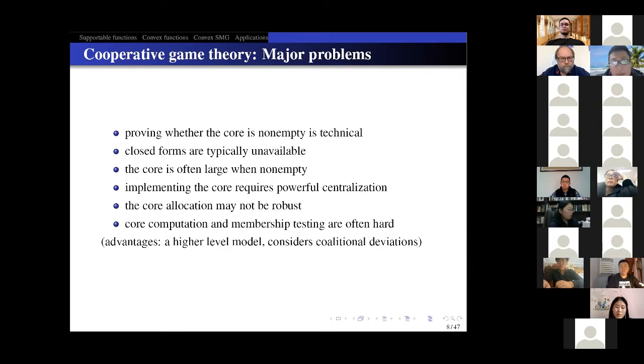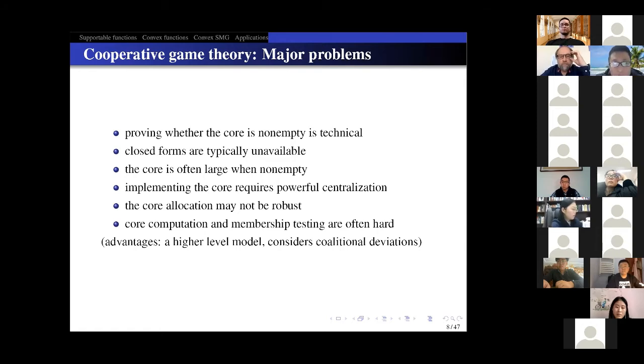And accordingly, usually we don't have closed-form solutions in cooperative game theory. Without a closed-form solution, usually we can't see interesting management insights or economic insights besides the existence result. Of course, the existence result is very important. Without existence, we can't see anything more.